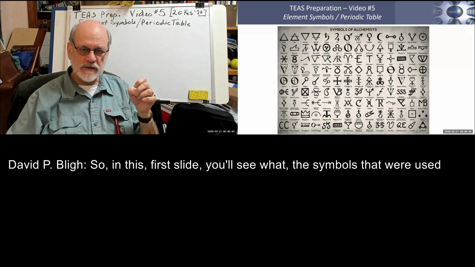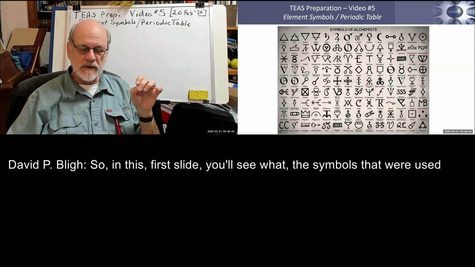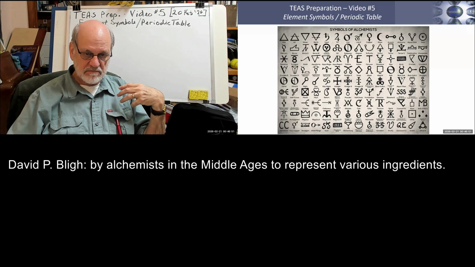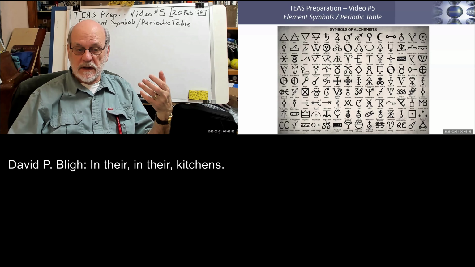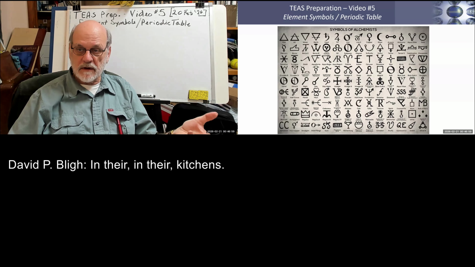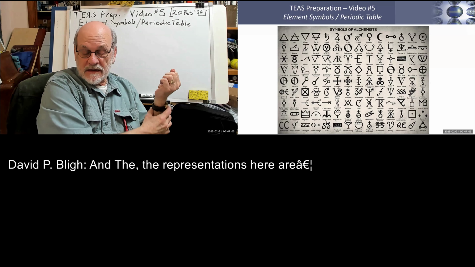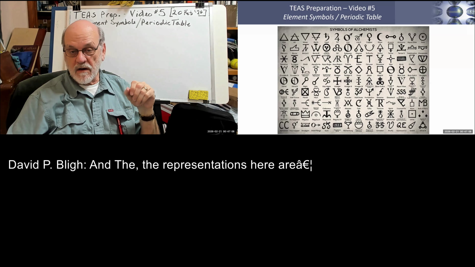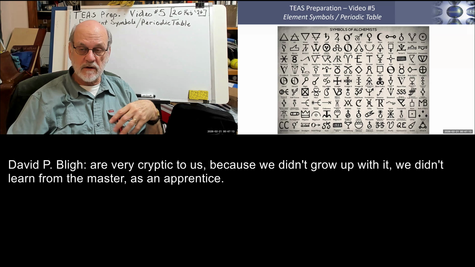So in this first slide, you'll see the symbols that were used by alchemists in the Middle Ages to represent various ingredients in their kitchens, and the representations here are very cryptic to us because we didn't grow up with it.